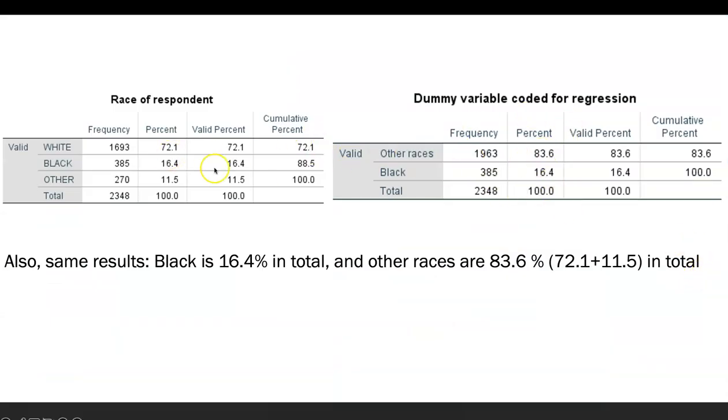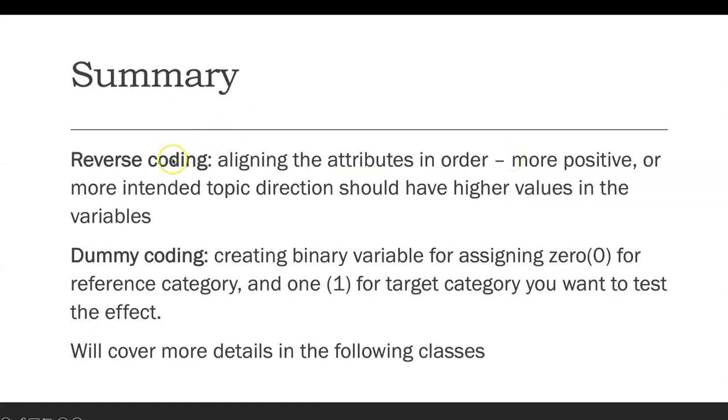So after changing, the African American category keeps the same number of cases, but other races are bigger than that. So reverse coding is very important when you align the direction of the relationship, which means a higher number in that variable must mean the higher or the better, the good meaning, so that we can have a better interpretation. Not always, but in most cases.